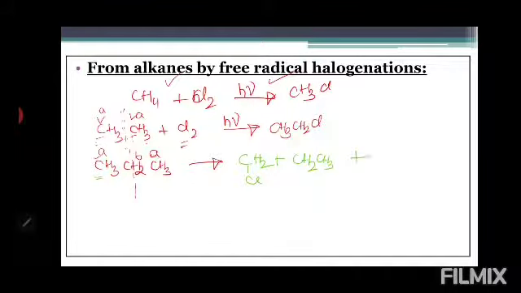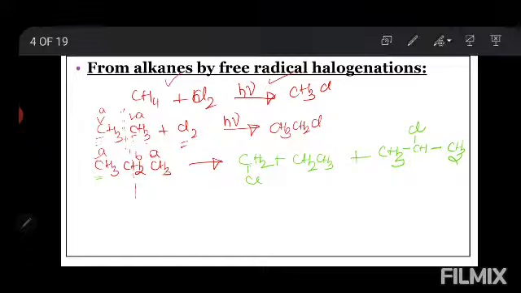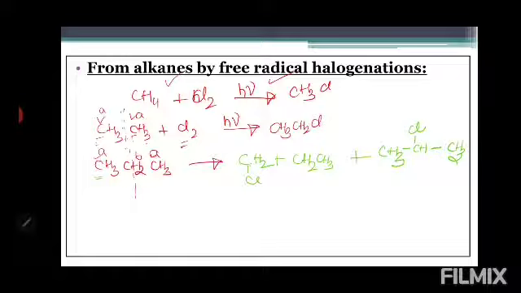Replacing from the other terminal gives the same, since the terminal carbons are equivalent, so you get chloropropane. But if the middle one is replaced, we get CH3, then CHCl, then CH3, so we get 2-chloropropane. So the number of products depends on how many types of carbon are present in the alkane.